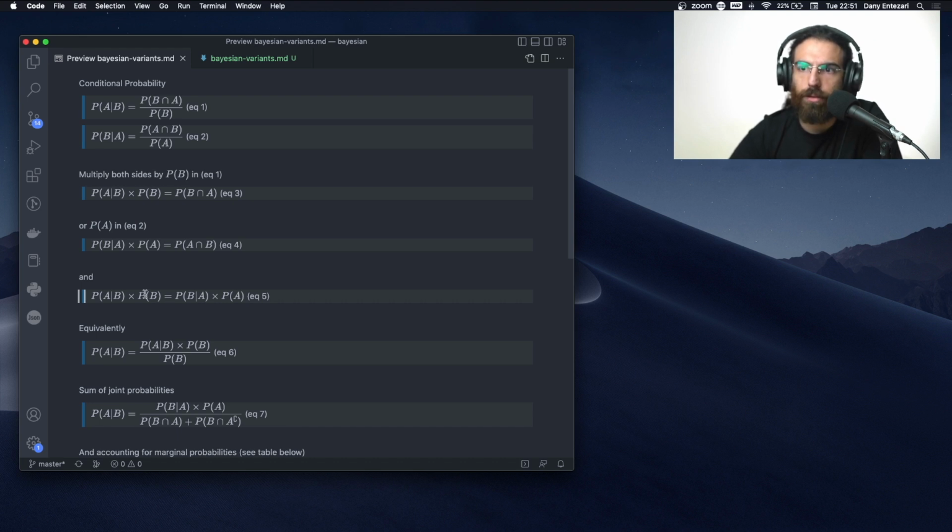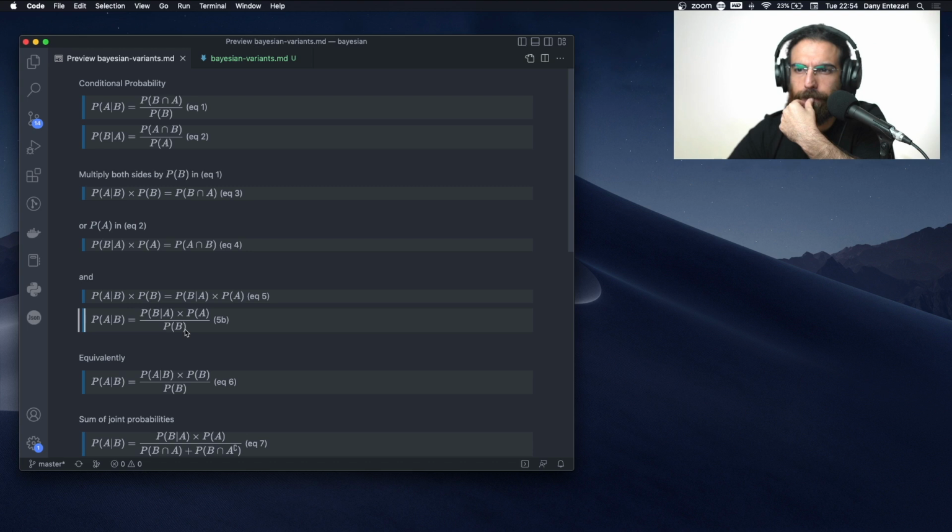If we were to divide both sides of the equation with the probability of B, then we would have equation 5b. We move probability of B to the other side. It's now in the denominator.